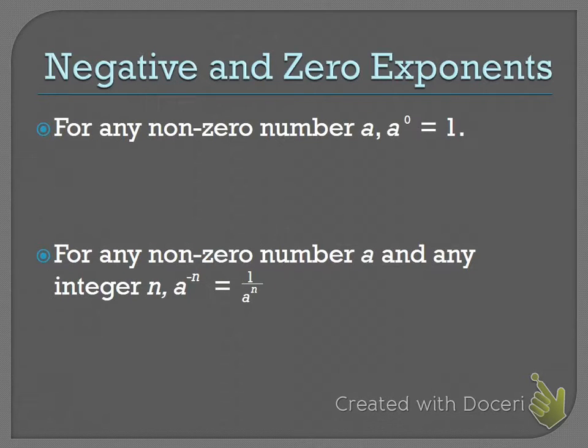Okay. The variables might be a little confusing, so I'm just going to give you some examples. But these two rules apply to all numbers, okay? If you take any number, let's say the number 8, and you raise it to the power of 0, the answer is 1. Same thing goes for variables. So you take the variable g, and you raise it to the power of 0.